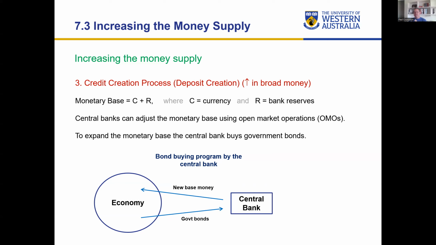What I'm more interested in is understanding at a very simple level what the credit creation process is about, and then taking that understanding and looking at countries around the world that have experienced this process, how it can be controlled, and what sort of problems it can create. Of course, I'm talking about a process that I haven't actually explained yet. So let's get stuck straight into the credit creation process.